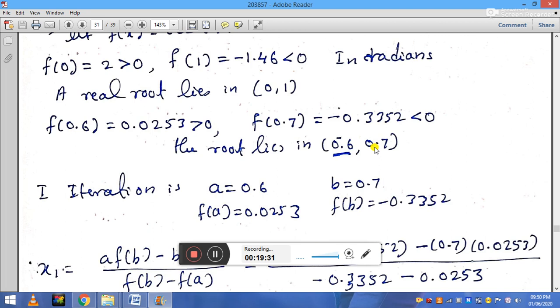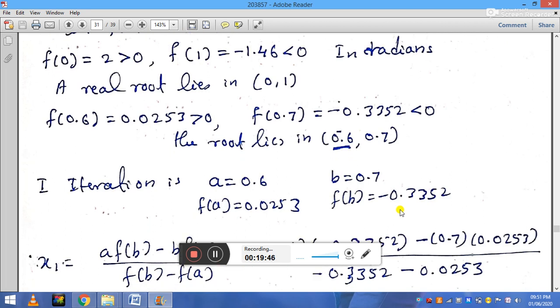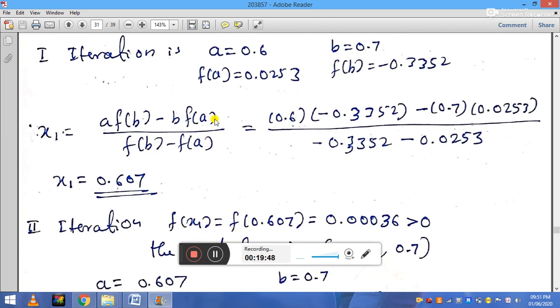Then for the first iteration, a is equal to 0.6, f of a is equal to 0.0253, b equal to 0.7, f of b equal to minus 0.3352. So put these four values in the regula falsi formula, that is x1 is equal to a into f of b minus b into f of a divided by f of b minus f of a.